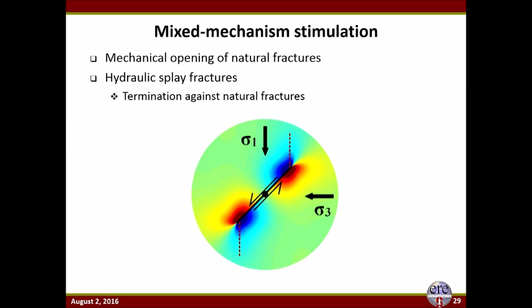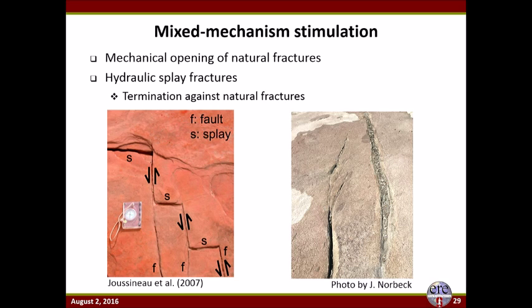So just a quick note on what this mixed mechanism stimulation idea is. If you have fractures that are oblique to the principal stresses, as they slip, concentrations of stress near the fracture tips will encourage new hydraulic fractures to propagate in the areas of increased tension. And in fact, you see this all the time in nature.